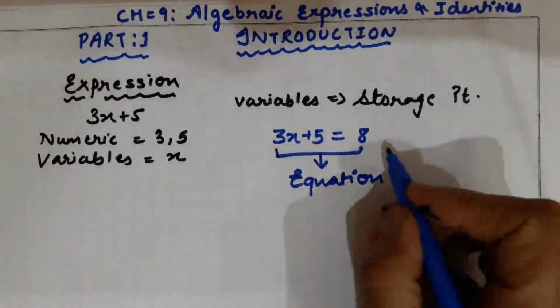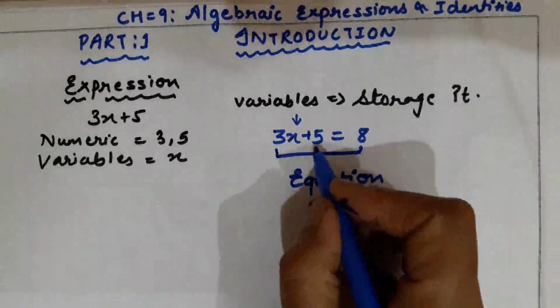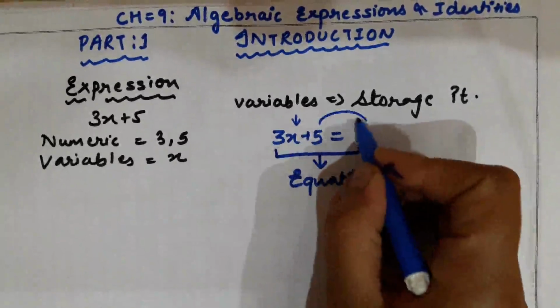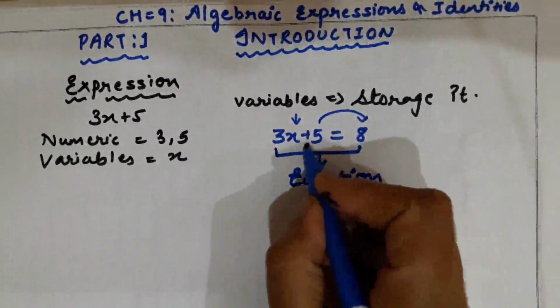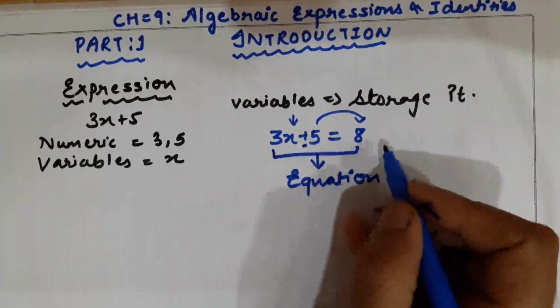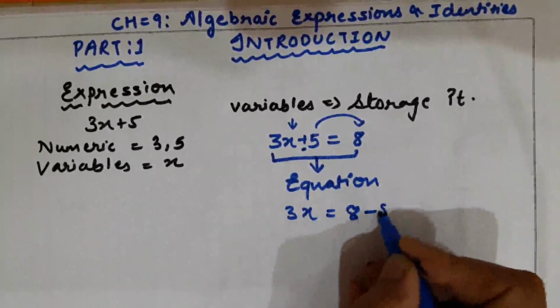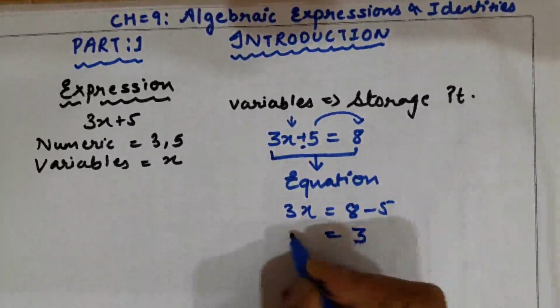With this equation we are able to find the value of x. How? So this 5 moves to the rightmost side. Here it is a plus sign, it goes with a negative sign to the right side. 3x equal to 8 minus 5, you will get 3x equal to 3.